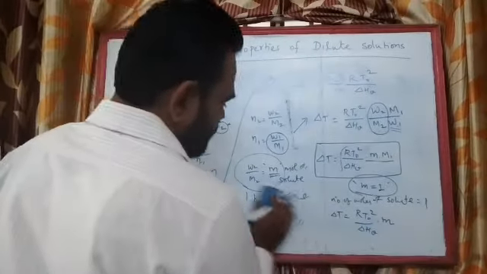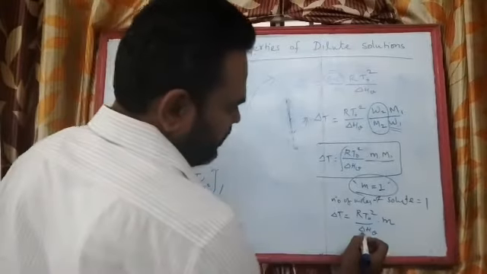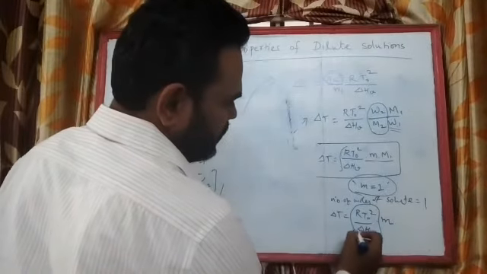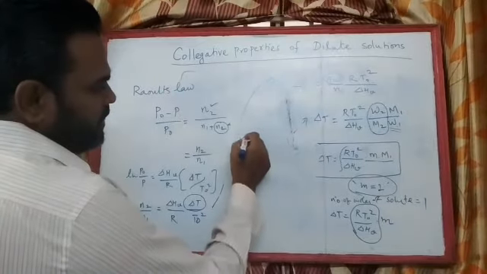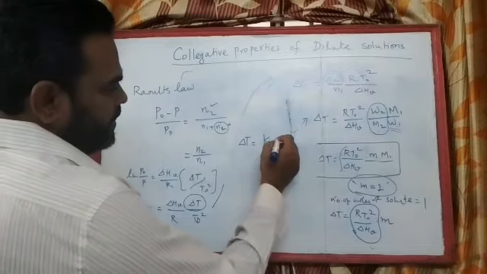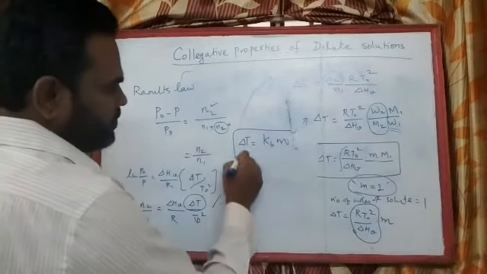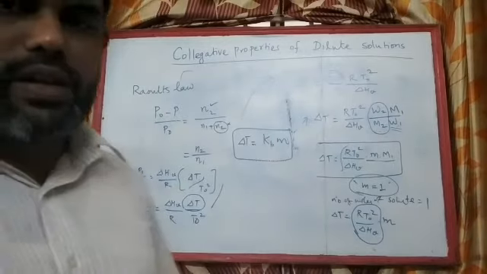Okay, so in this equation, R, T0 and delta HV are constant, so delta T is equal to KB into m. Delta T is equal to KB into m.